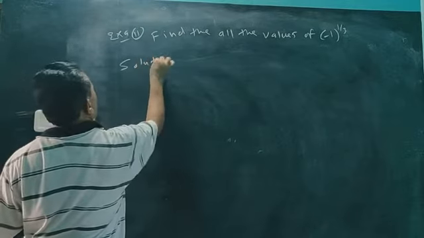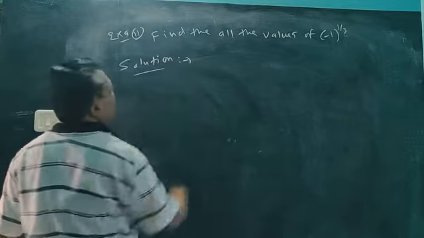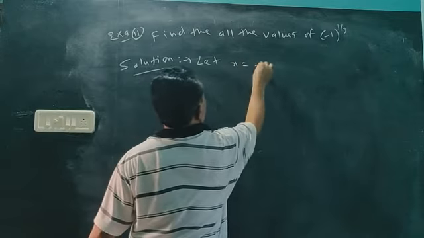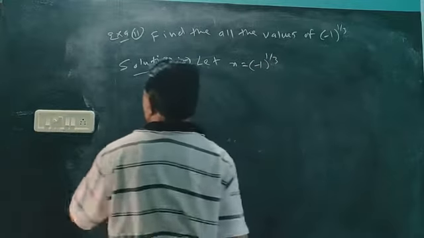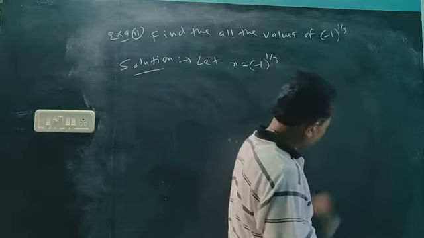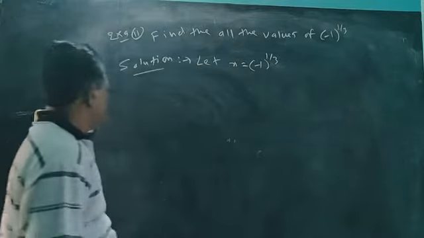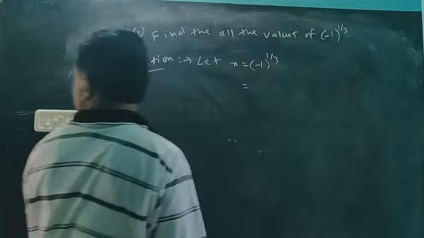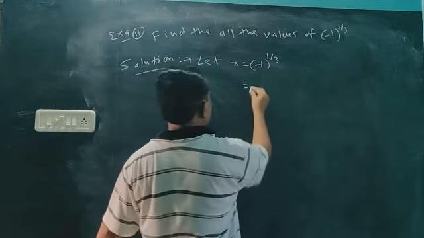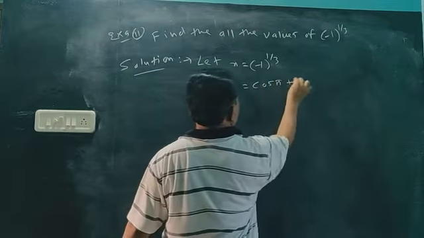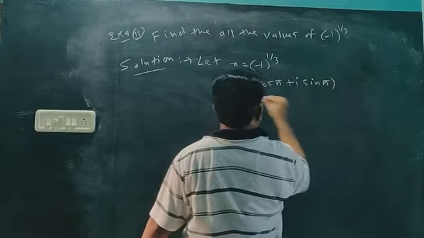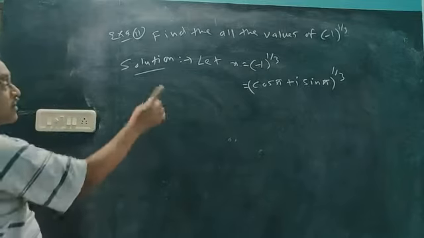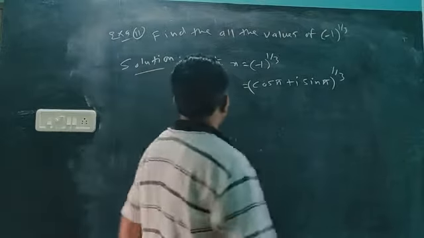Raised to power 1 by 3 means 3 values. So x is minus 1 raised to power 1 by 3. Again the standard step is to convert to sin cos. Minus 1 is cos pi plus I sin pi, since cos pi is minus 1 and sin pi is 0. This is the standard relation.